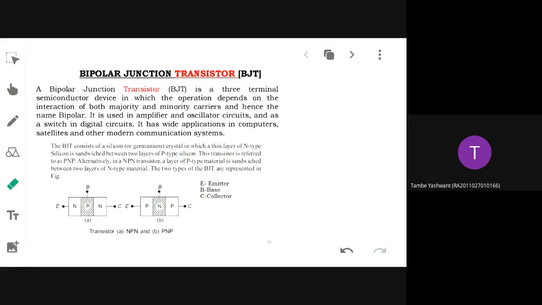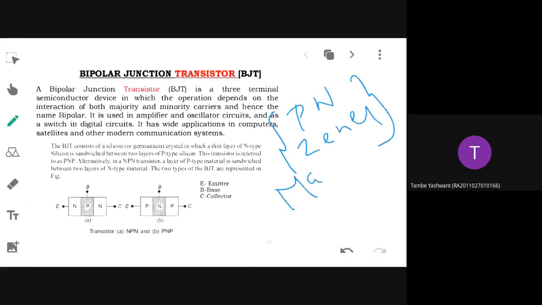Majority. If you look at PN or Zener diodes, the conduction is because of majority charge carriers only. So they are unidirectional devices; the current flows in only one direction.